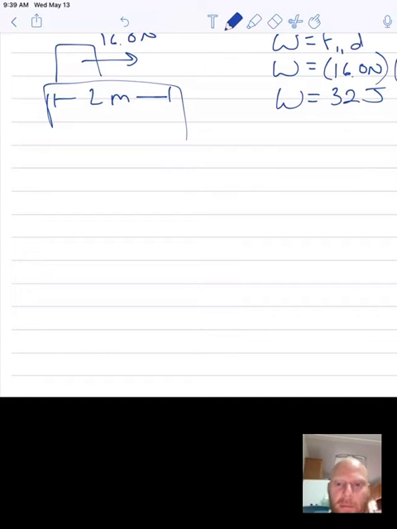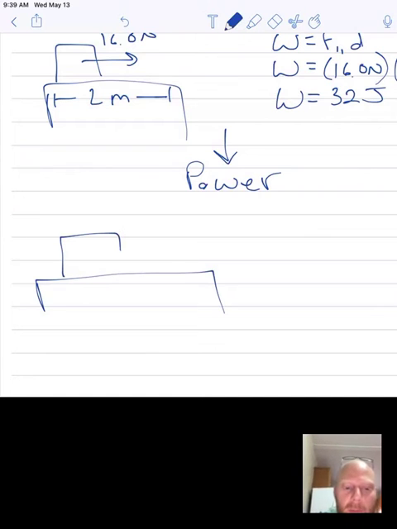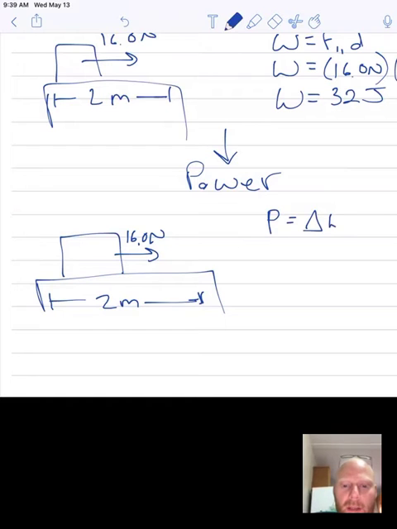So let's take that example and let's calculate power. And so again, power requires us to know a time or a change in time. So if we have that 16 Newton force on that object, and again it moves 2 meters, we already know the work is 32 joules. And so power is the change in work over the change in time. And so the change in work here is 32 joules.